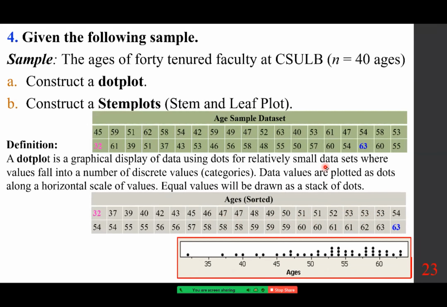So it will look like this. Those dots correspond to those numbers and they are stacked up, as you can see here. All right.